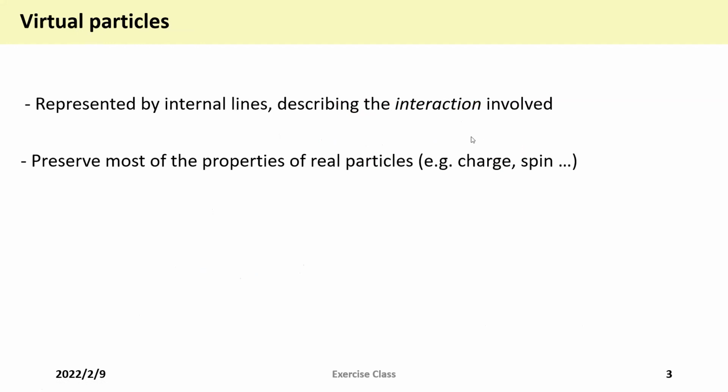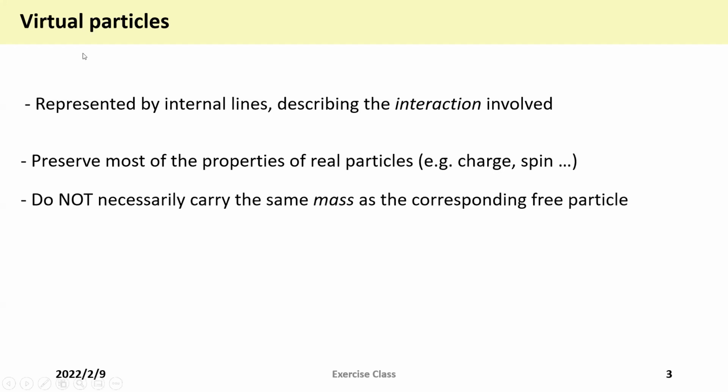And last time I forgot to stress the point that virtual particles preserve most of the properties of real particles, such as the charge and the spin. For example, a virtual photon will have zero charge and spin 1.